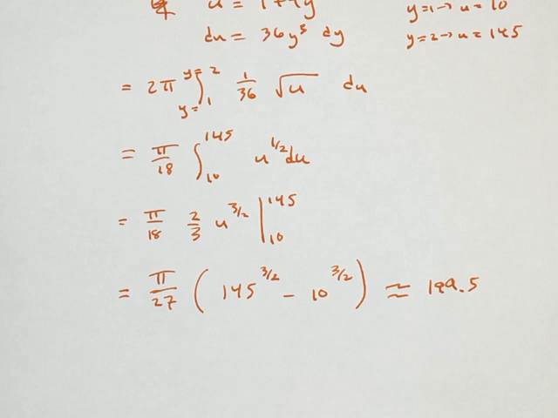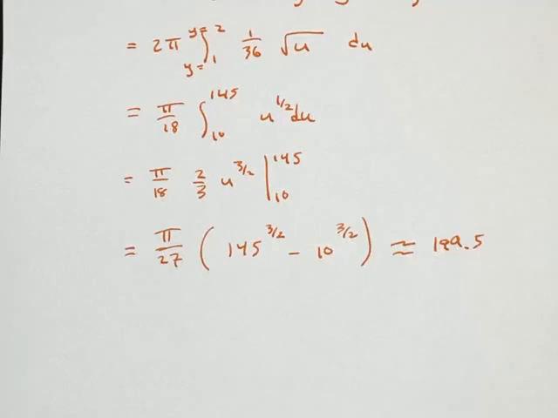And those are the axes we're rotating around. I'm rotating around the x-axis, I want everything in terms of x. I'm rotating around the y-axis, I want everything in terms of y. This particular idea leads to one of the weirdest things in calculus.